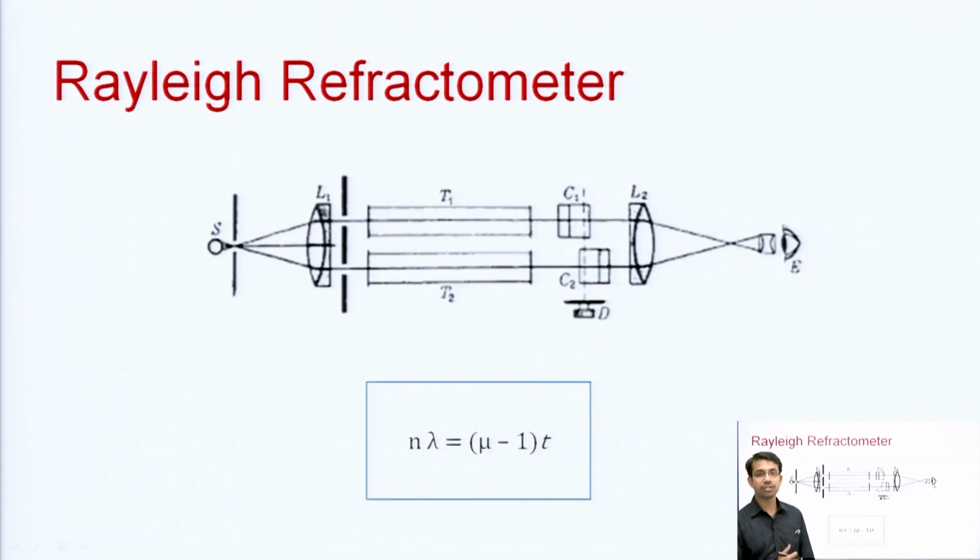So, this is a construction of Rayleigh's refractometer. So, you can see this is source of monochromatic light divided using two slits. We divide it into two light rays. Okay. Out of these two light rays, they go for two paths. This is tube T1, this is T2.